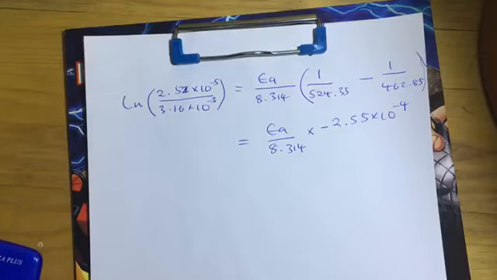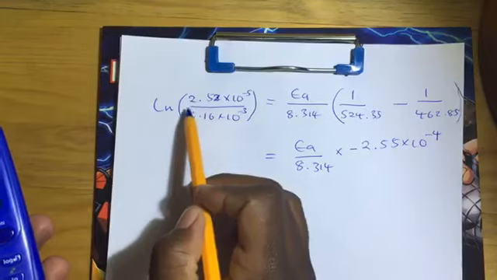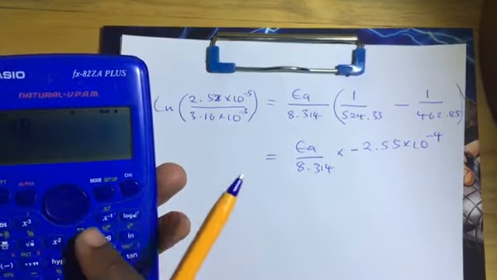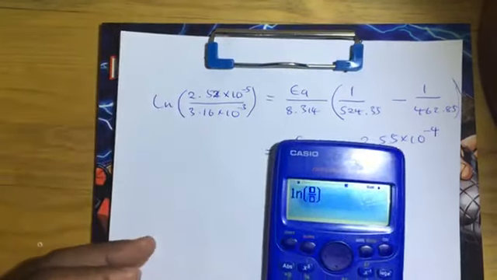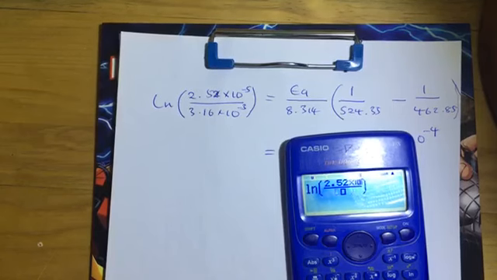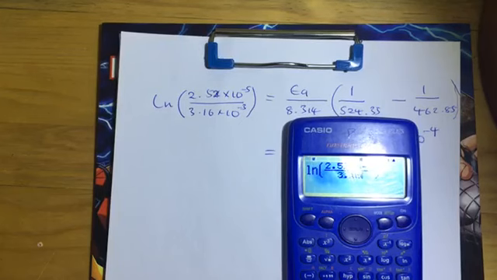Then this side, I can plug everything in my calculator. This is going to give us ln of 2.52 times 10 to the power negative 5 over 3.16 times 10 to the power negative 3.